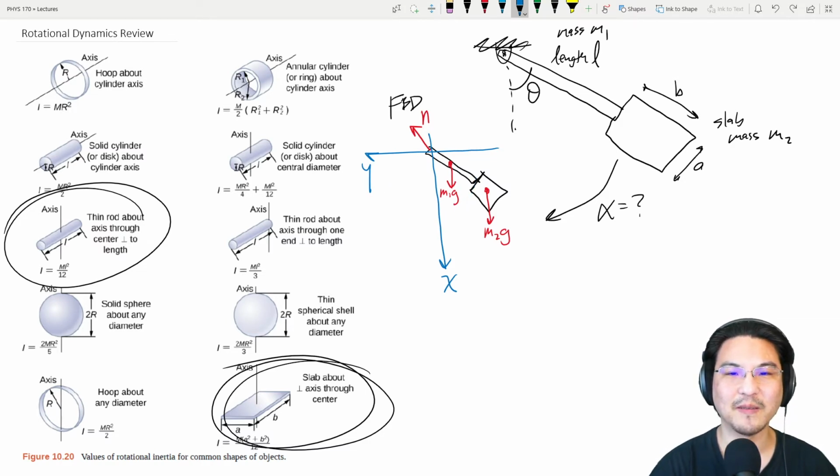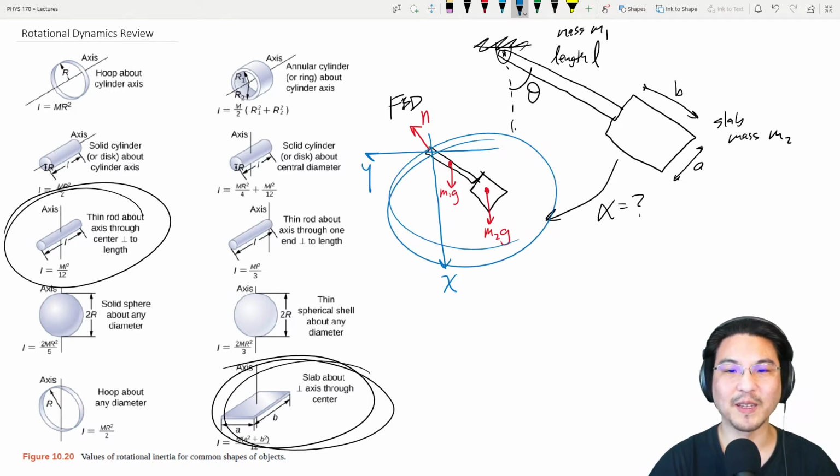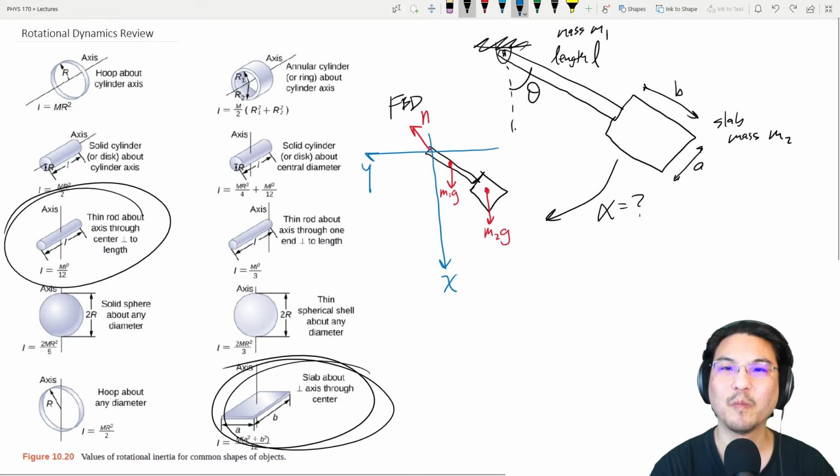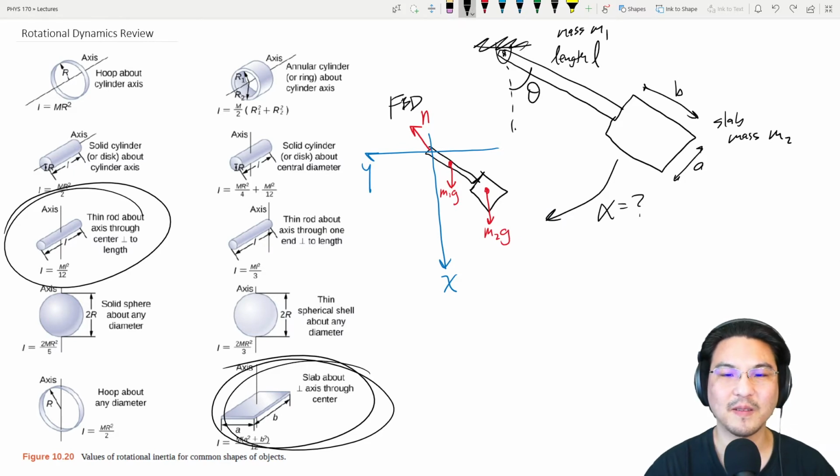So then Z would be into the page. So it's basically rotating in the positive Z direction. Okay, so some force is X, some force is Y, you know how to do that. Some torque about, I picked the origin here.